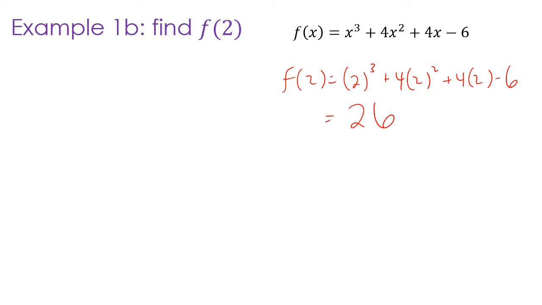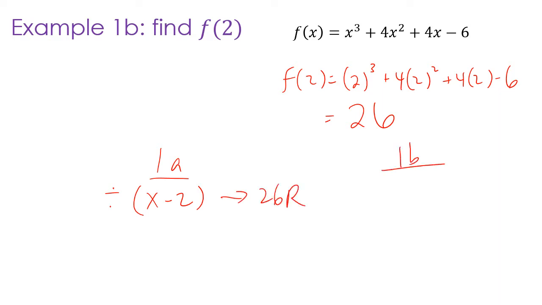Look back at our answer to 1a and see if you notice anything about 1a and 1b. Keep staring. Look back and forth, back and forth. Hopefully, you're noticing that from 1a, I divided by x minus 2, and I got 26 as my remainder.